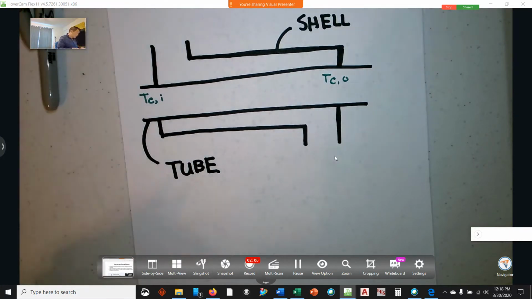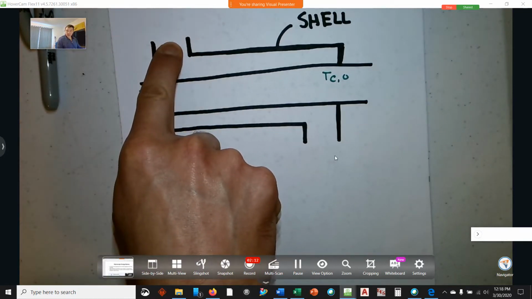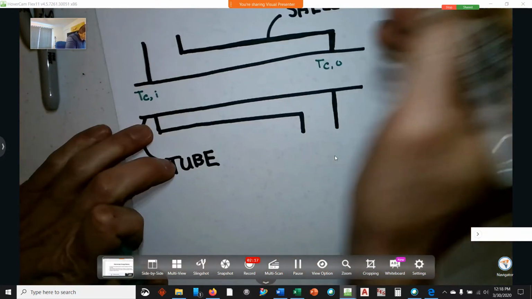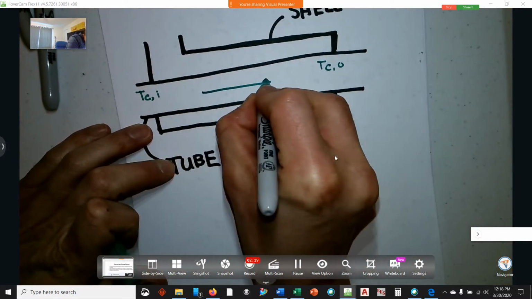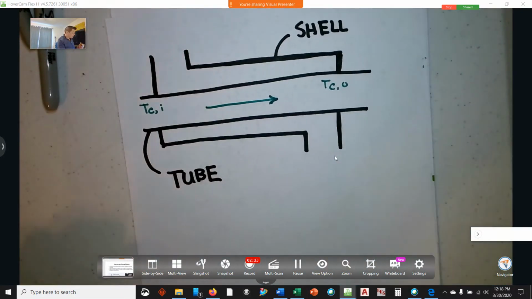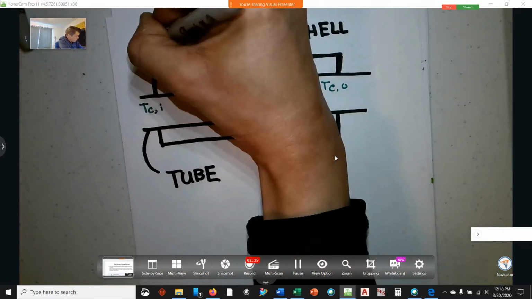And so on the hot side, then, we could either inlet the hot fluid here or inlet the hot fluid here, keeping in mind that our cold fluid is moving this way. So first, let's set up a situation where we have what we call a parallel flow.